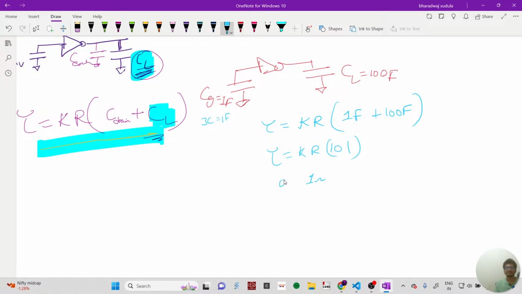K is 0.69, but let's ignore the K value for now and just calculate RC, with units of ohm times farad.